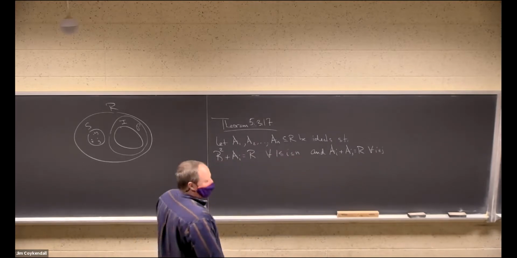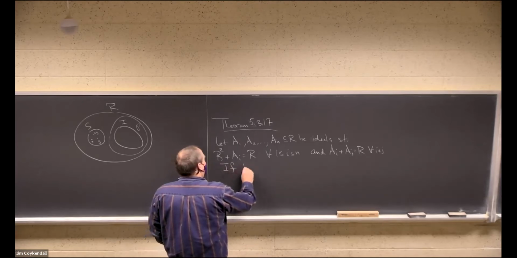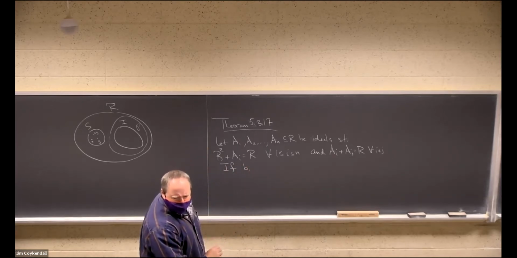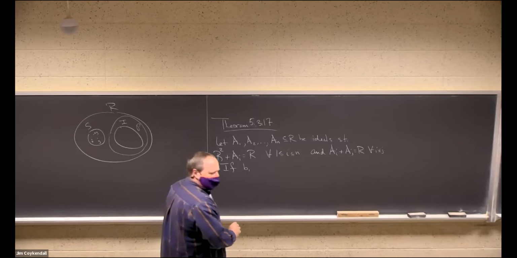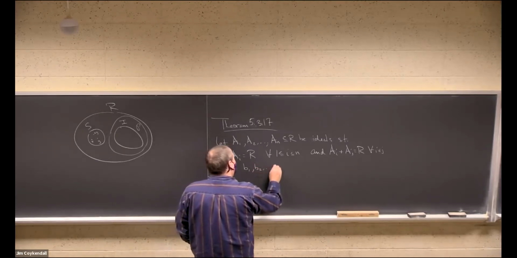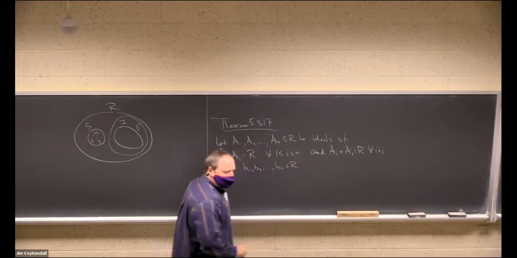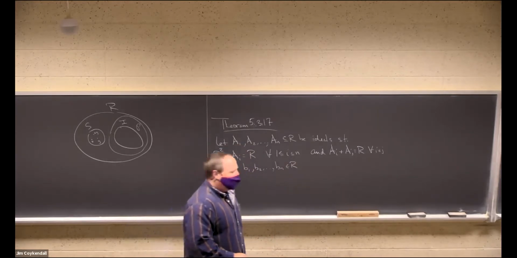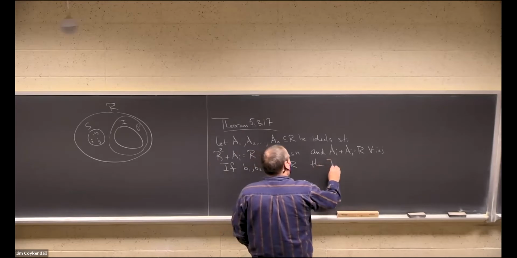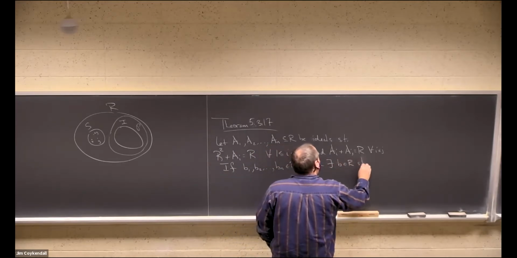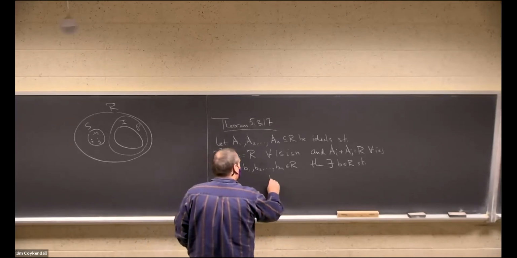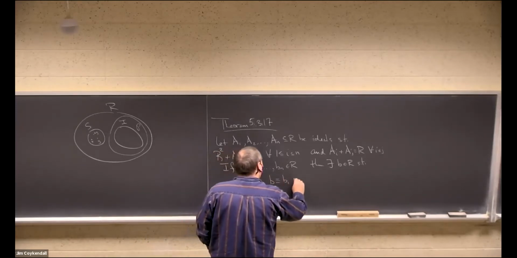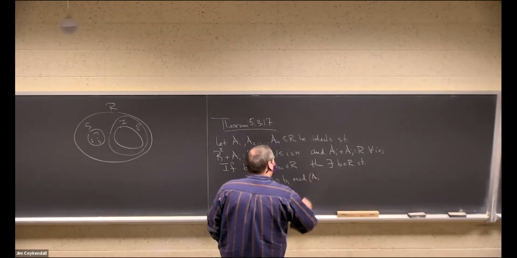If B1, B2, ..., Bn are in R, then there exists B, sort of a master solution to a set of equations, such that B is equivalent to BI mod AI.